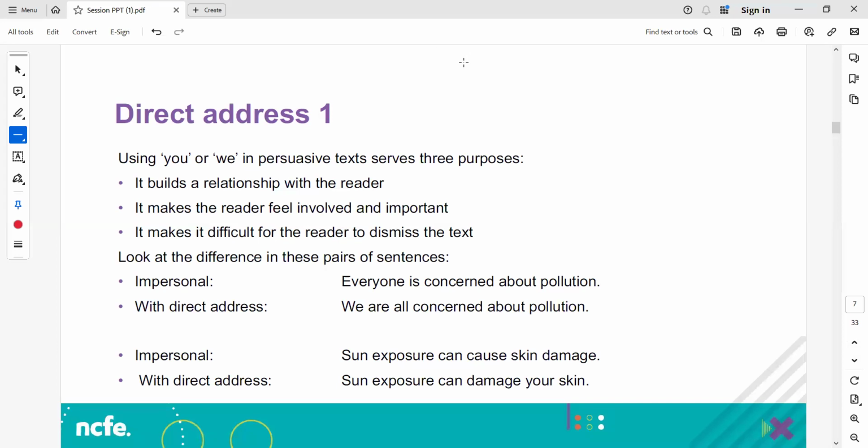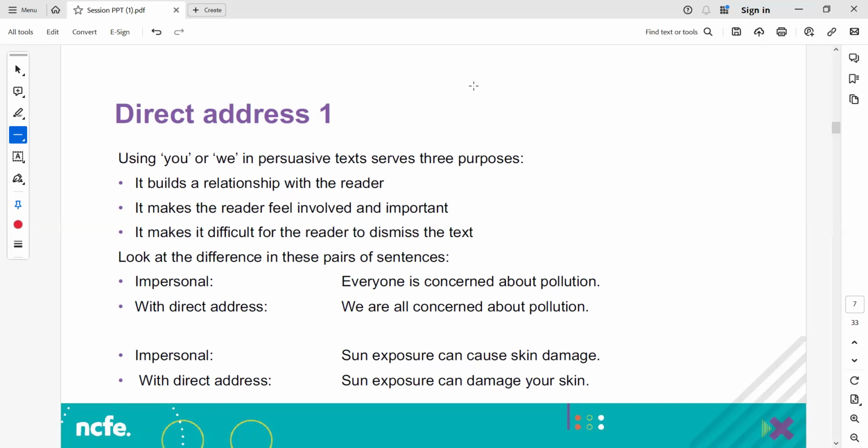So why is the writer using we instead of everyone? Why has the writer chosen to use we are all concerned rather than everyone is concerned?